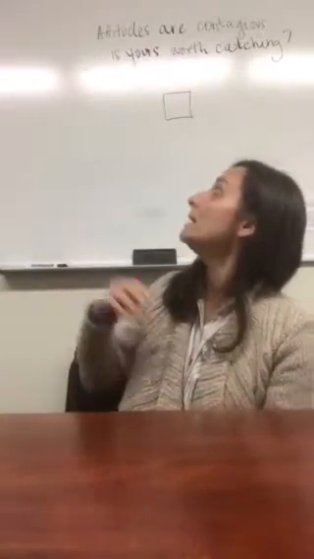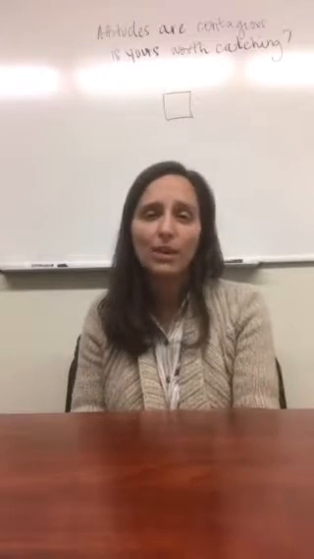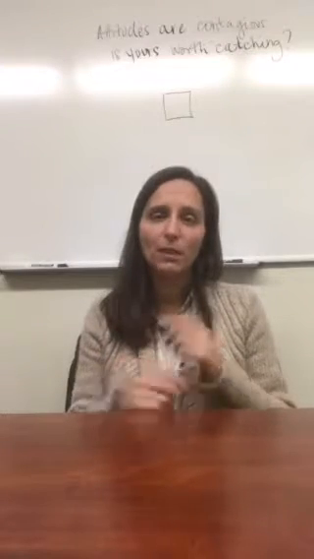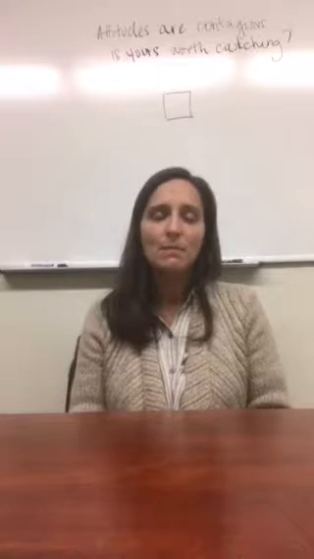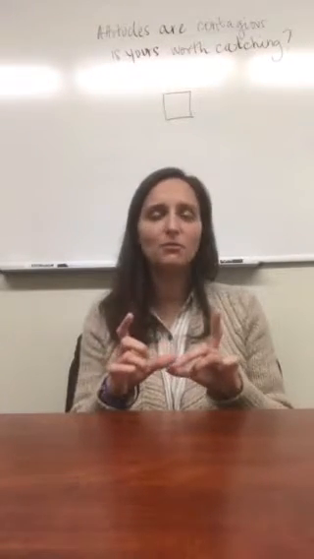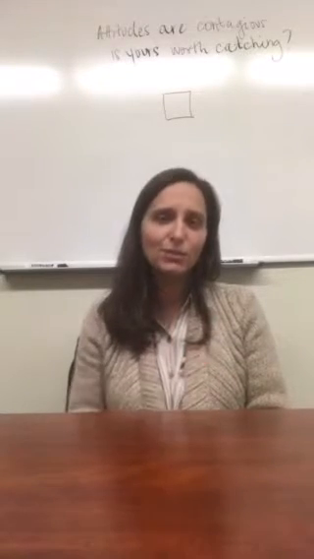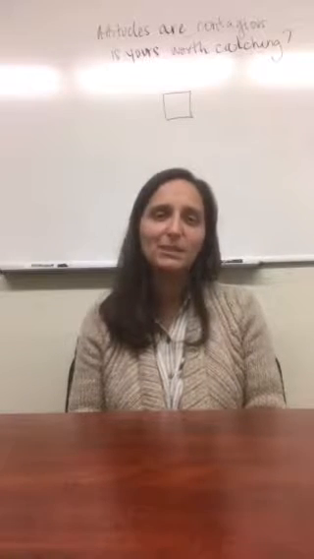It says, attitudes are contagious, is yours worth catching? And then I've also drawn a small square right below it. You want it to be large enough for everyone to see, but you want the square to be relatively small, maybe about 5 by 5. And again, you'll see why as soon as you practice this or do this with the students.